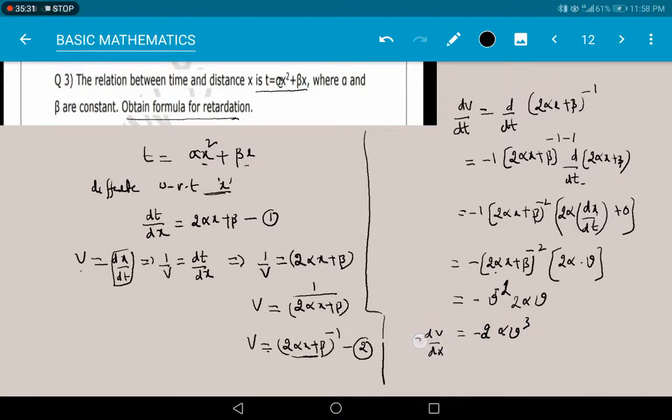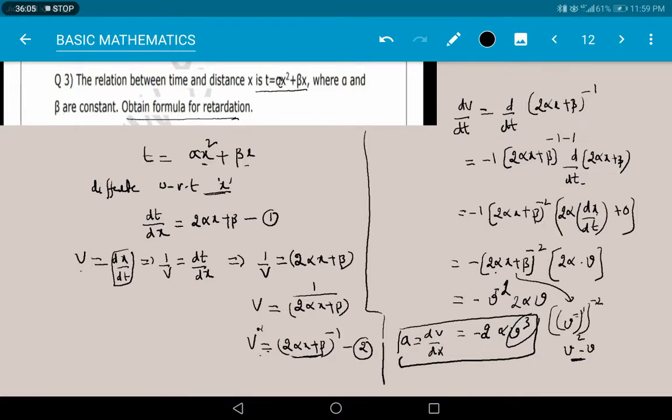That means we are getting acceleration with a negative sign, that's why it is retardation. This step once again I am repeating: 2 alpha x plus beta equals v, therefore (2 alpha x plus beta) is v power minus 1, so v power minus 1 whole power minus 2, that is minus 1 minus 2... so into v, that gives v power 3. In this way I am getting the answer.